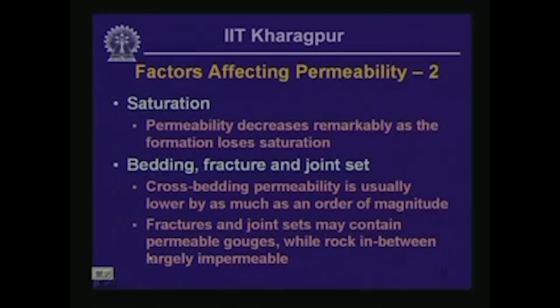So, some more factors that affect permeability. Saturation ratio is another factor that is going to affect permeability, and in fact permeability decreases remarkably as the formation loses saturation, because the pore space becomes occupied by non interconnected volumes of water, and these non interconnected volumes of water are relatively difficult to mobilize through the interstitial void space.